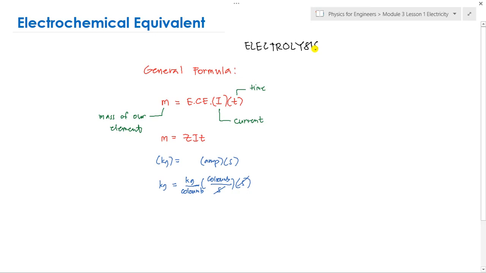Due to the reaction, the charged particles, the electrons, come out, so there is a probability of producing electricity. So the mass is equal to the electrochemical equivalent Z multiplied by the current and by the time it takes to complete the electrolysis. Okay, no questions here?